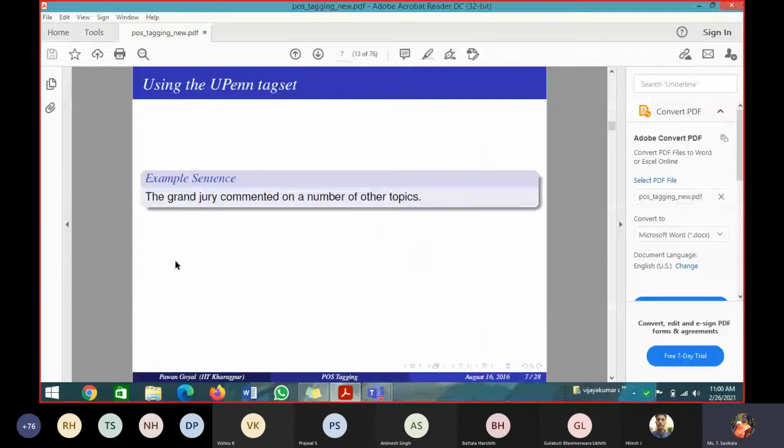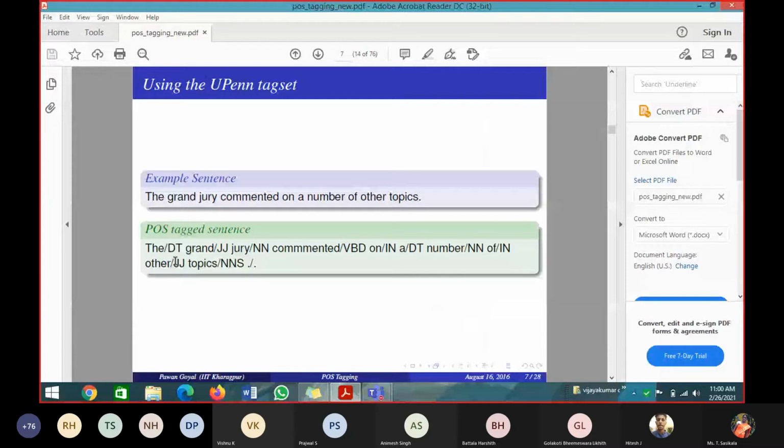If you take this example, see here, this is how the POS tags will be assigned to a sentence. This is the final solution. If a word has multiple POS tags, you have to find the correct POS tag for this word in the corresponding sentence.